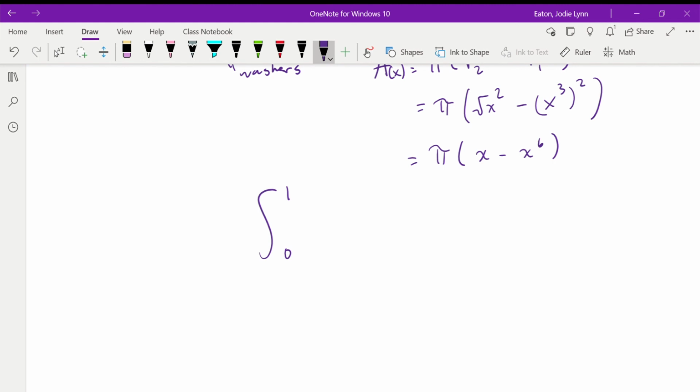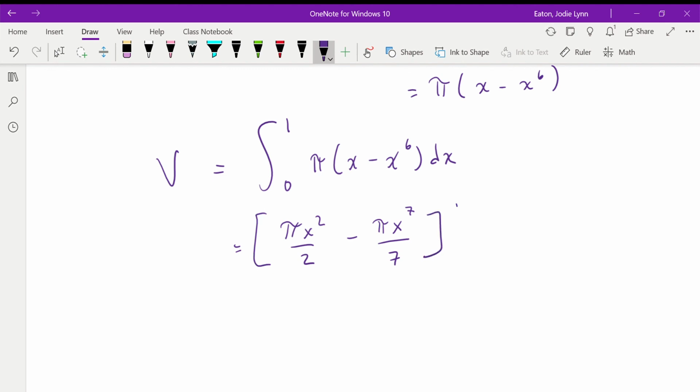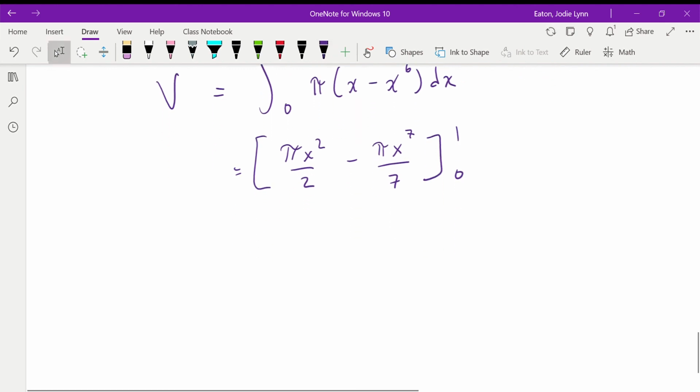So we're summing those up, so the volume is the integral from 0 to 1 of pi times x minus x to the sixth dx. Dx is the thickness of my slices. That gives pi x squared over 2 minus pi x to the seventh over 7, and we're going to evaluate that from 0 to 1.